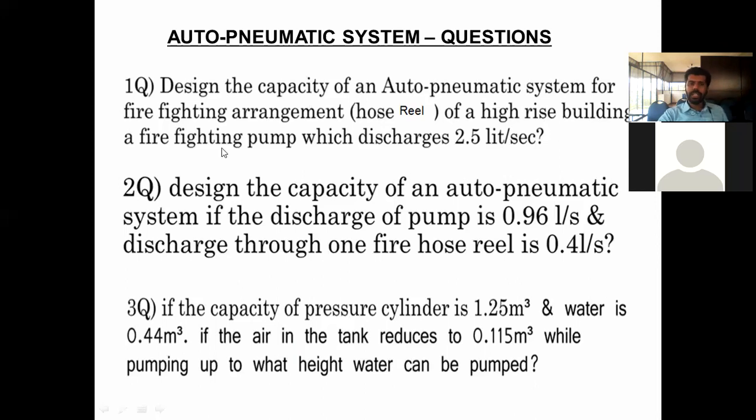For a high-rise building, the firefighting pump has a discharge of 2.5 liter per second, and we need to know the capacity of the auto pneumatic tank. So we are going to find out what its cylindrical tank capacity should be.